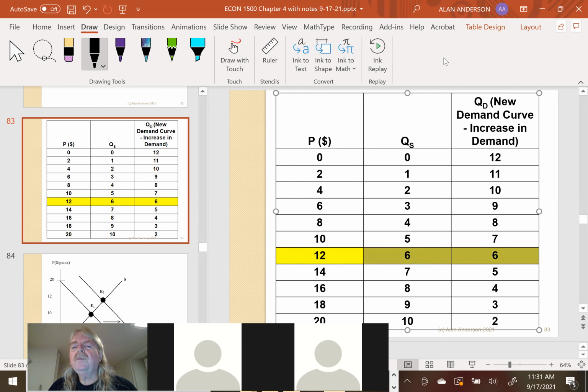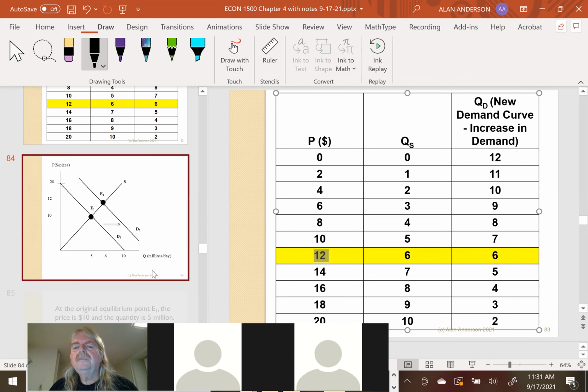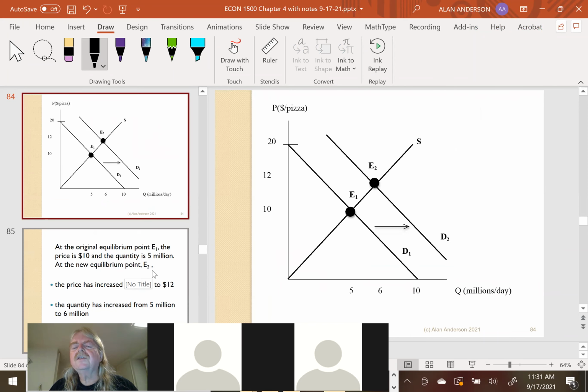So because people want more pizza, they can have more pizza. You can see the quantity went up, but they have to be prepared to pay more for it. Okay, so that's what this is all about. And I think you'll see this more clearly when I show you the graph. The demand curve shifted to the right. And so with no change in the supply curve, they cross at a point E2 instead of E1. And now the price is higher, but so is the quantity.